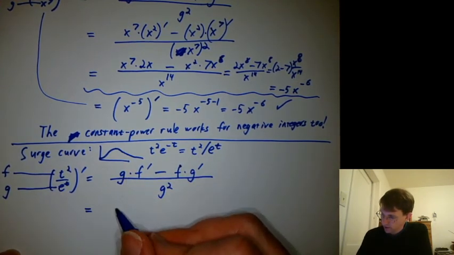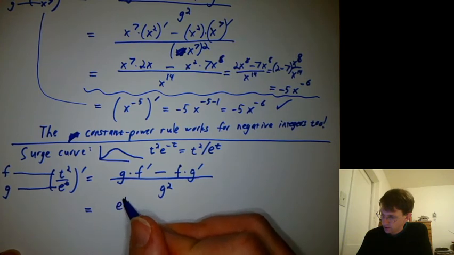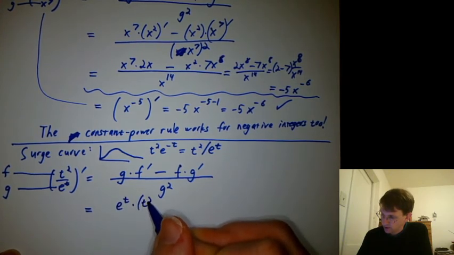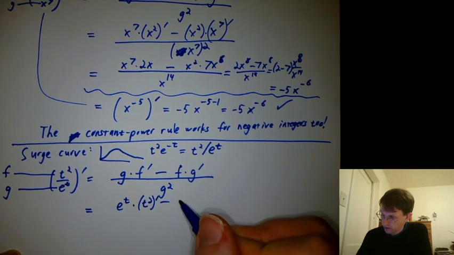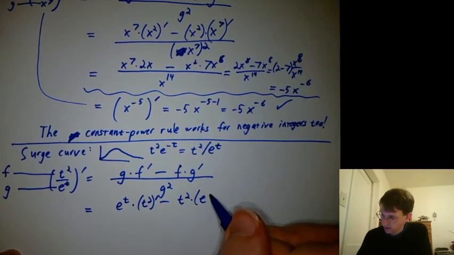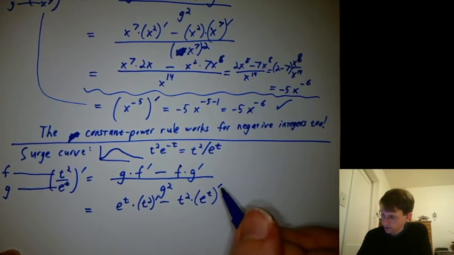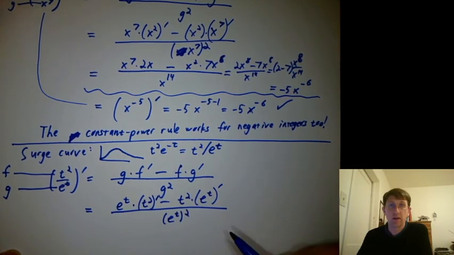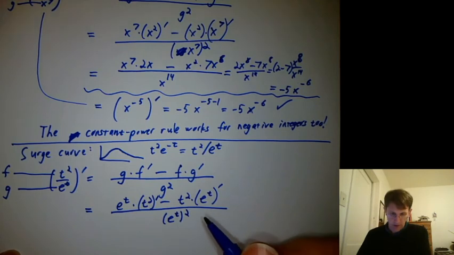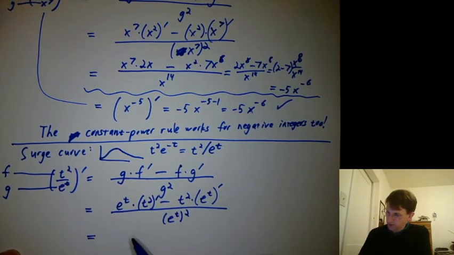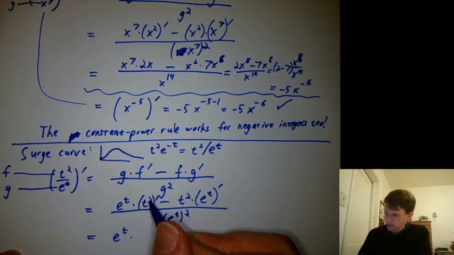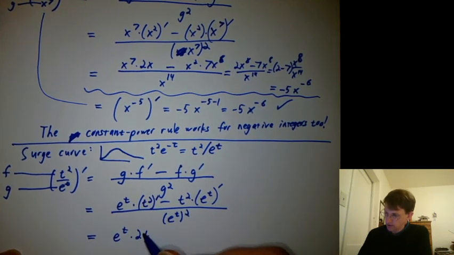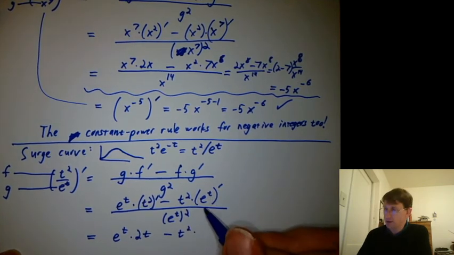So we're doing g, so that's low d high minus high d low, over e to the t squared. And let's at least simplify until the primes are gone. So e to the t, and then what's the derivative of t squared? 2t, minus t squared. What's the derivative of e to the t?